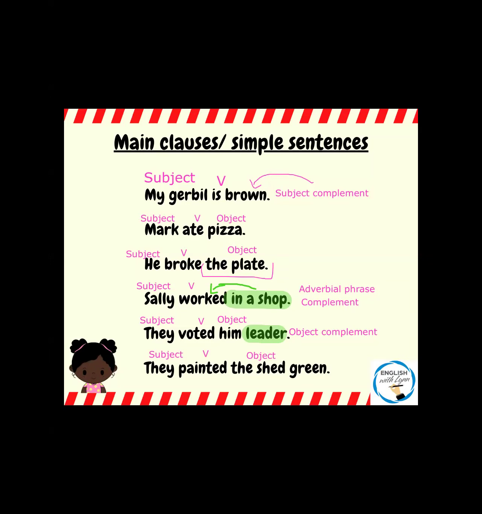But again, at the end of my sentence, I have the green part of it. And green is telling me more about the shed. So it is going to be a complement, and it is a complement that is linked to the object, not the subject. Okay, so this part here again, it is an object complement.